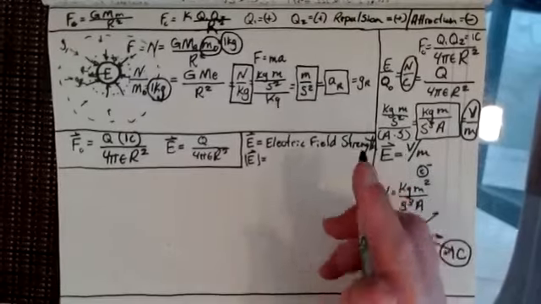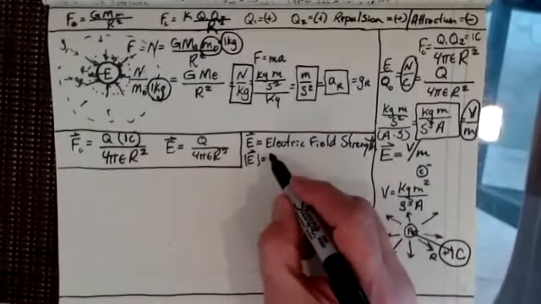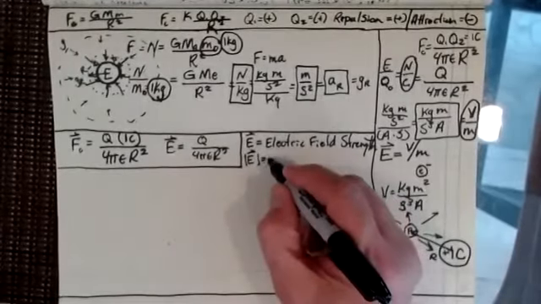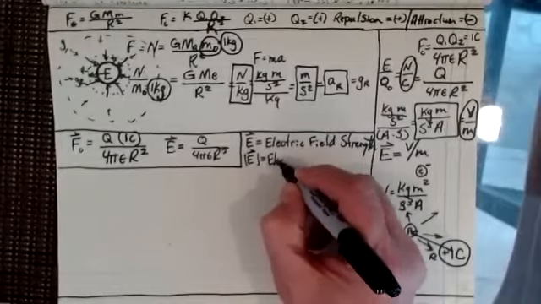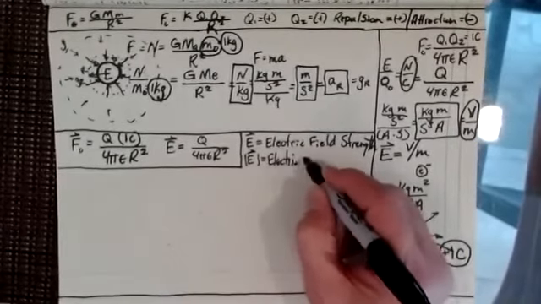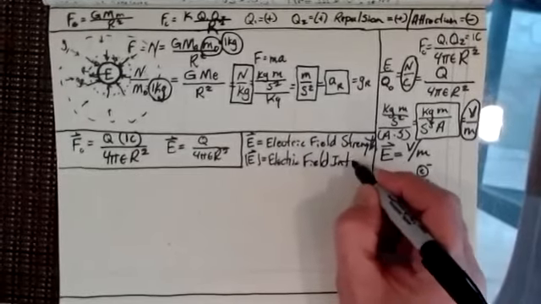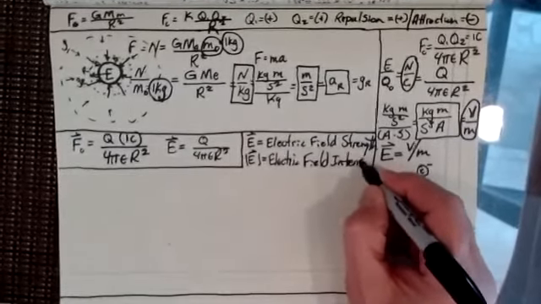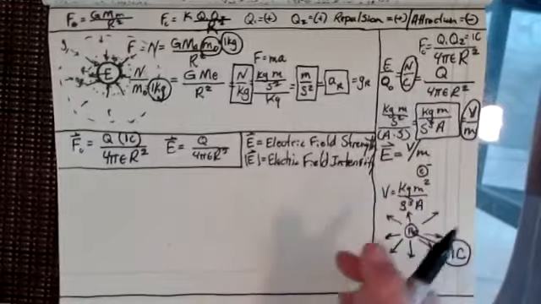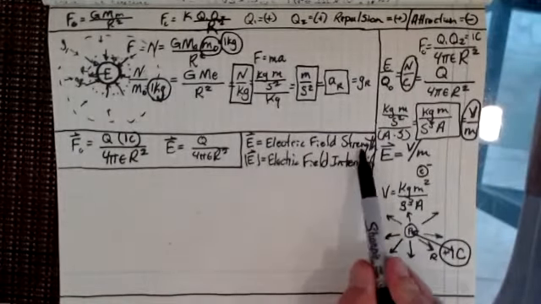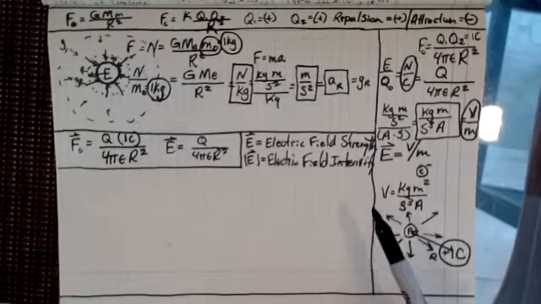Now, the magnitude of the vector, this is just the magnitude, and this extends to other things too, and I want you as professional engineers to understand the difference between the two. This would be electric field intensity, right? When you're referring to the vector, you're talking about electric field strength, like velocity.